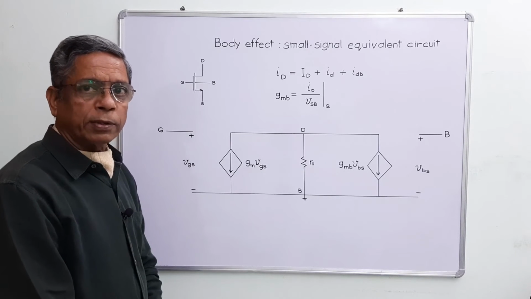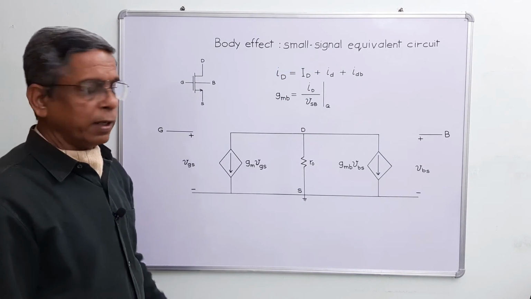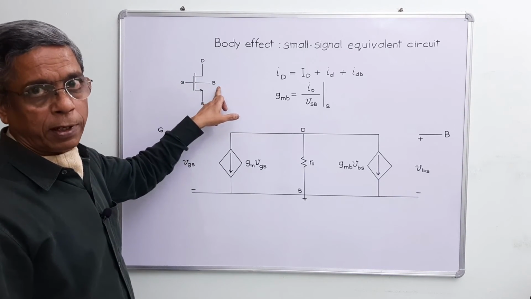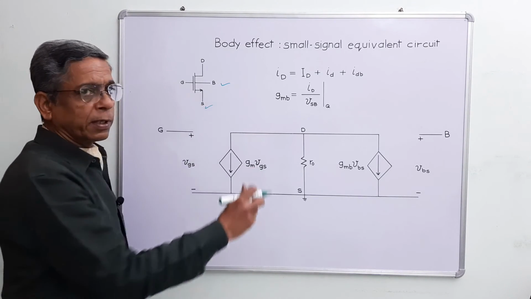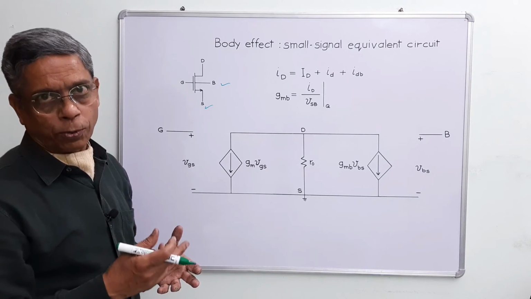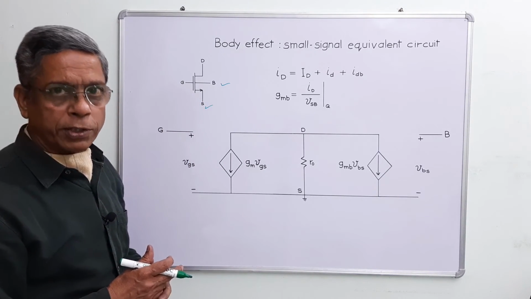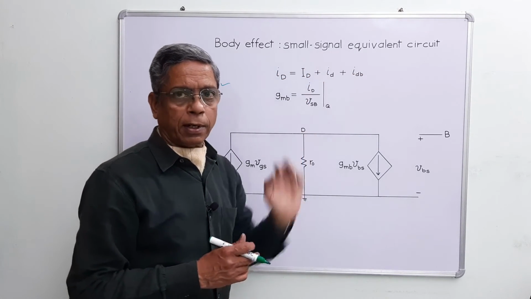It is necessary to consider the body effect on the small signal equivalent circuit. This is the symbol for the MOSFET and this is the body or substrate. When the body and source terminals are interconnected, the body effect has no role and we don't need to modify the existing small signal equivalent circuit.